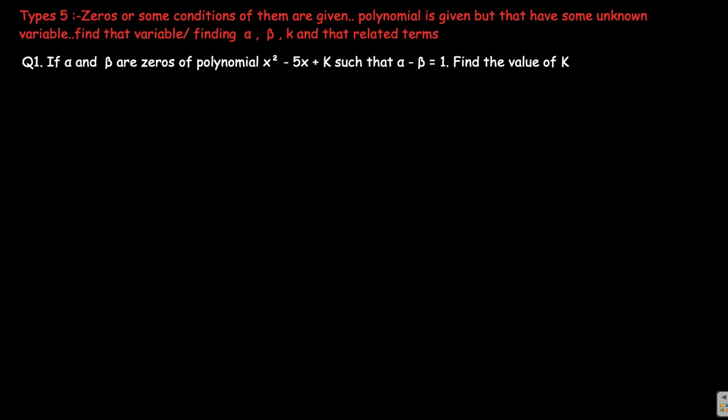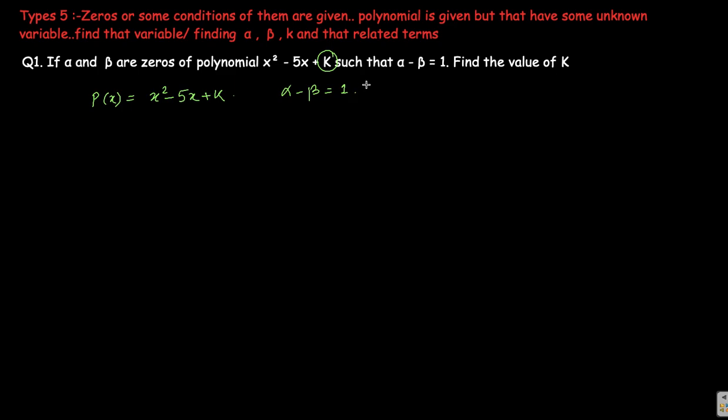The first numerical is: if alpha and beta are zeros of the polynomial x square minus 5x plus k such that alpha minus beta is equal to 1, find the value of k. Here one unknown quantity is present, and we have to find it. Let's write p(x), a function of x, equal to x square minus 5x plus k. Alpha minus beta is given as 1.